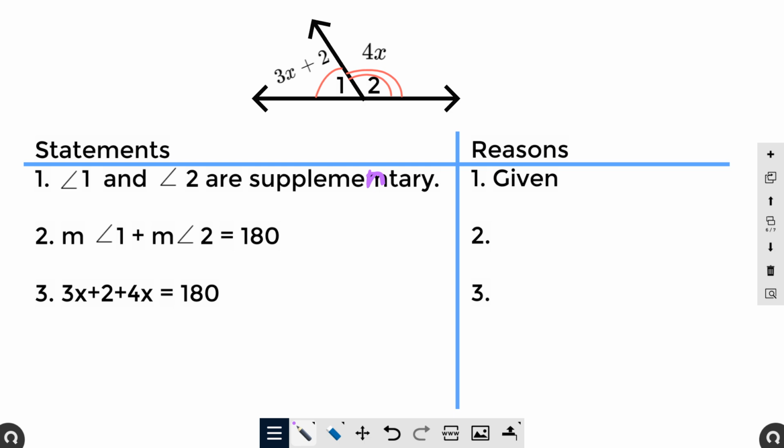Well, why can we say that they add to equal 180? Because they're supplementary, right? Things that are supplementary add to equal 180. So for number 2, this is actually the definition of supplementary. If you say that things are supplementary, then you can add them to make 180.